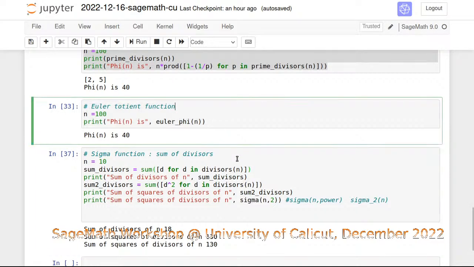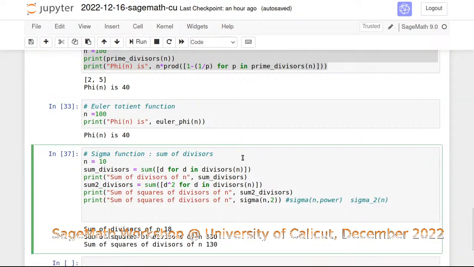For example, if you take 4, phi of 4, you need to count the numbers less than 4 that are relatively prime to it. Therefore 1 and 3 you need to count, so it's 2. 1 and 3 are the numbers relatively prime to 4, so their count is what phi of n gives.